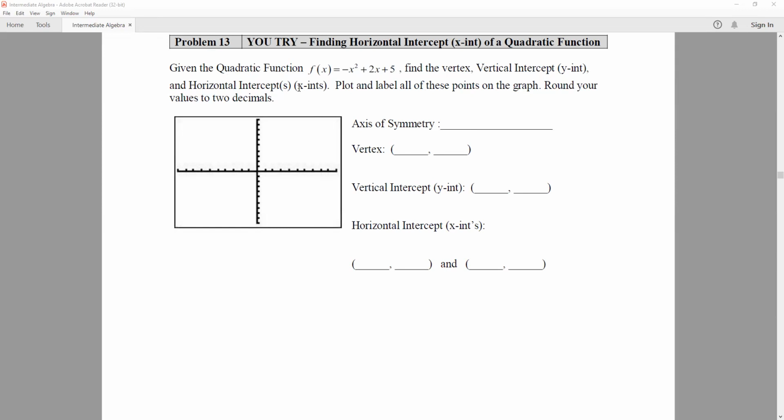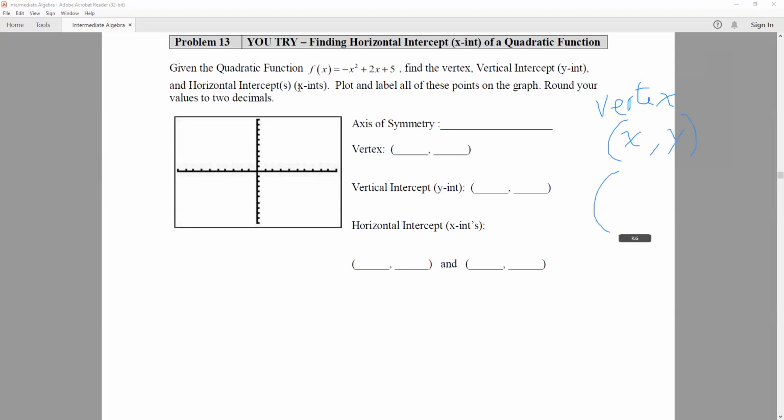We know from previous class and previous videos that when you find a vertex, the x value of the vertex is going to give us the axis of symmetry. So x equals whatever we get for the x value of the vertex. So let's find the vertex. We know that the vertex is always going to be the x and y.